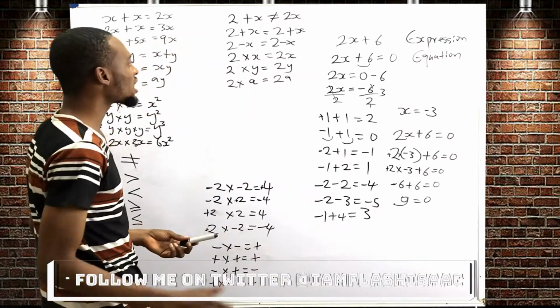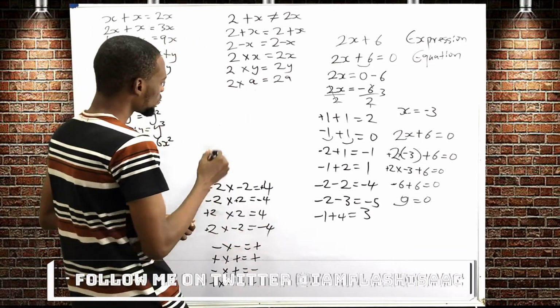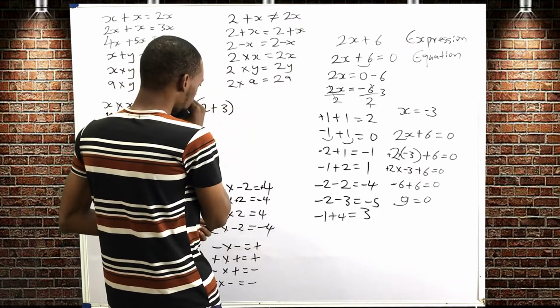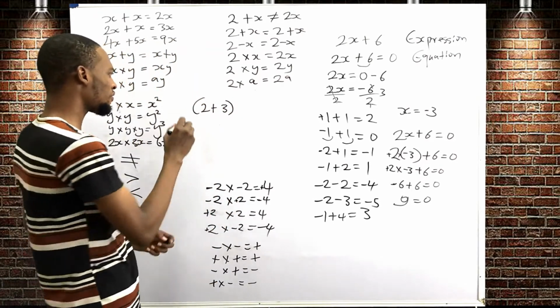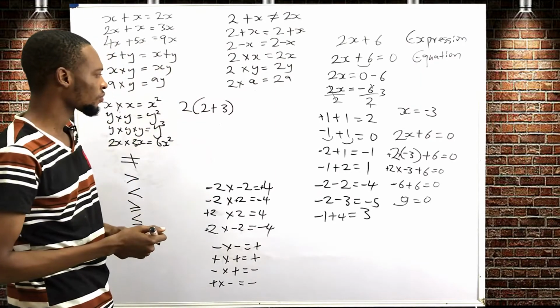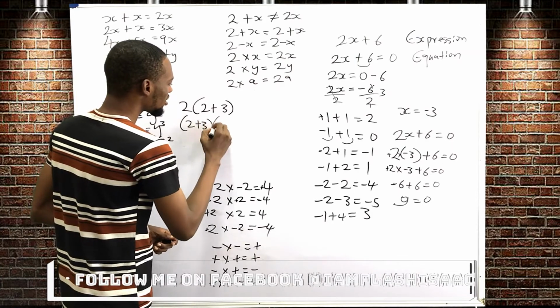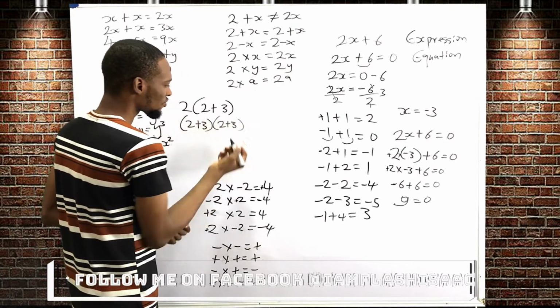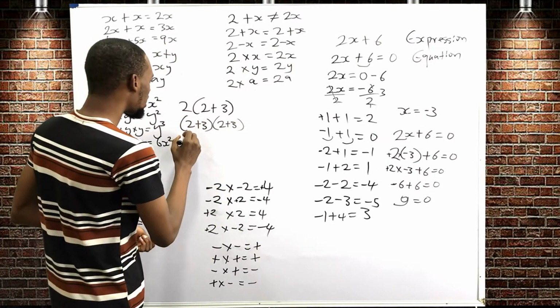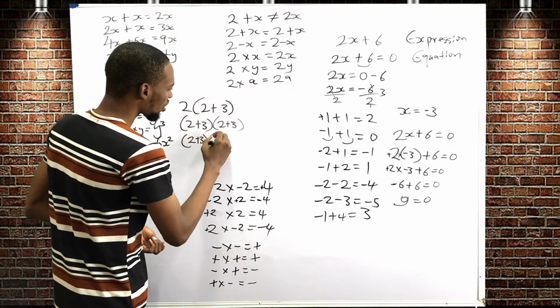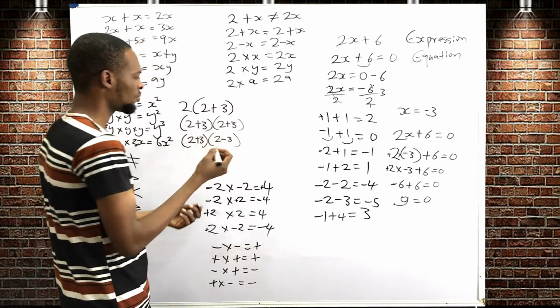Now let's see how you open brackets. If you are given 2 plus 3 and you have a single number outside, or you are given 2 plus 3 and 2 plus 3, or another one, 2 plus 3 and 2 minus 3.